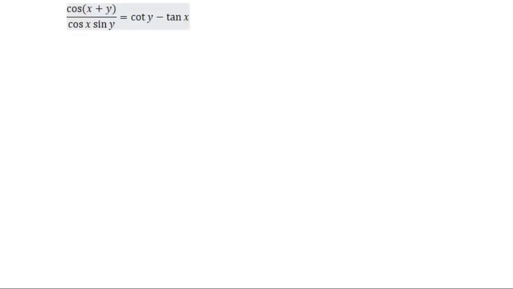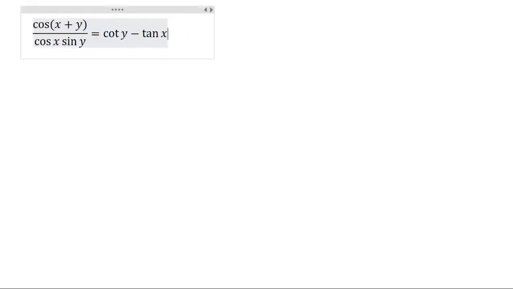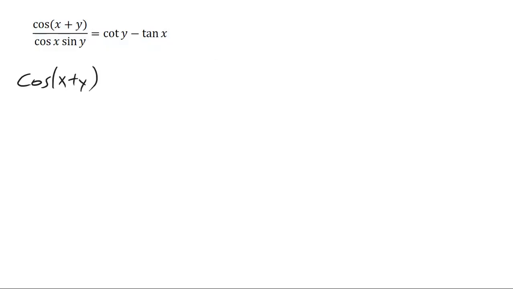Next, number 12. We have cosine of x plus y over cosine x sine y equals cotangent y minus tangent x. So I'm thinking let's start from the more complicated side, the left-hand side. Once again, get it to the right-hand side. Well, we know some identities for cosine of x plus y as well.